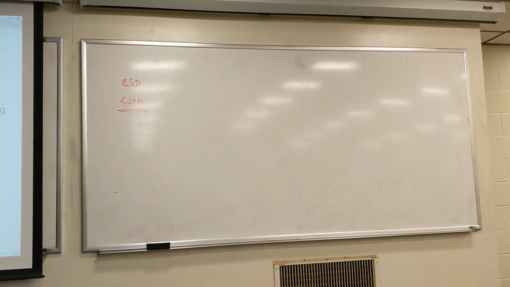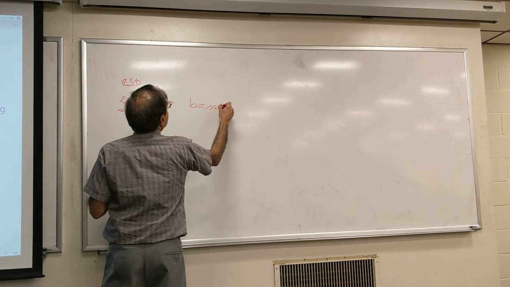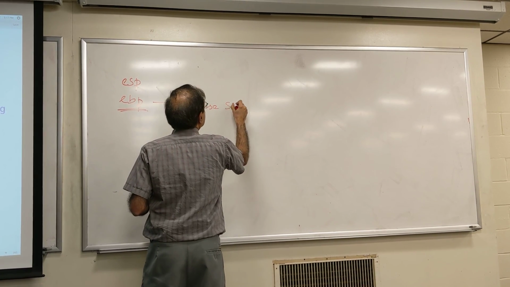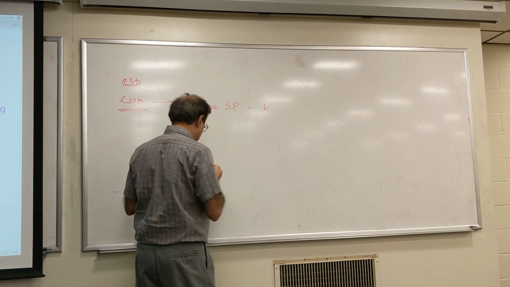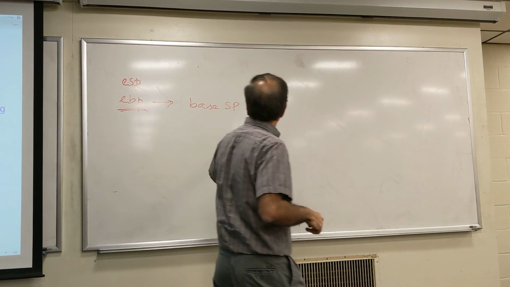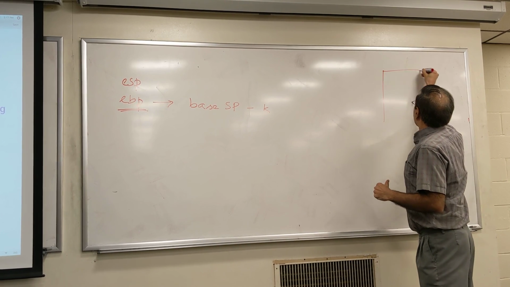So you can scan the stack at the particular location where EBP is saved, and now you know what the EBP is. So across each run, the EBP value is going to be something like, for any given function, the base stack pointer minus k for some k. So let's see why I'm saying this.